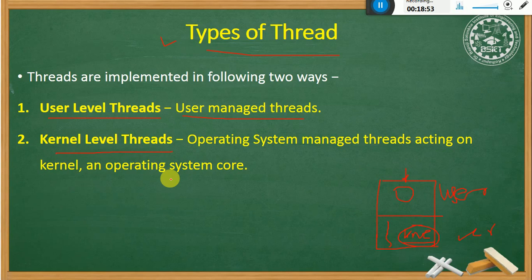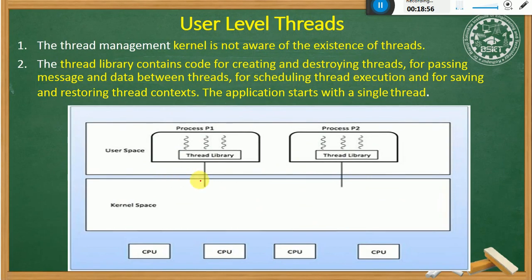It can be easily explained using the diagram. My dear students, we have processes P1 and P2. P1 has 3 threads and P2 also has 3 threads. If P1 is a user process executing in the user space, then it is called a user level thread. P2 can also execute in the user space, then it is called user level threads.